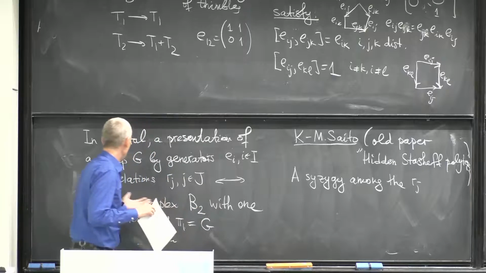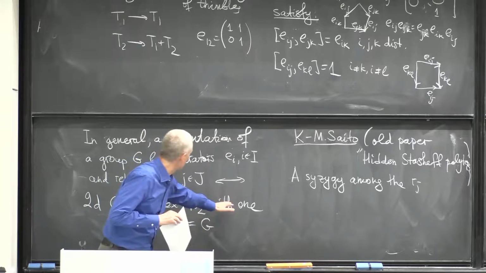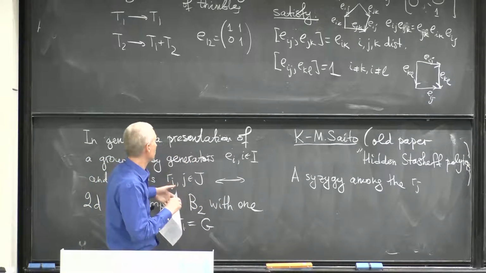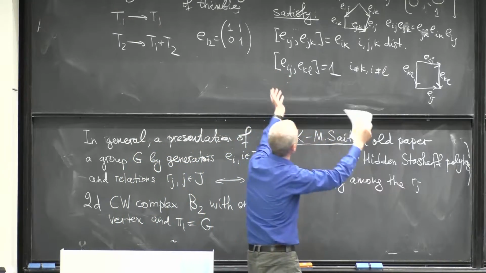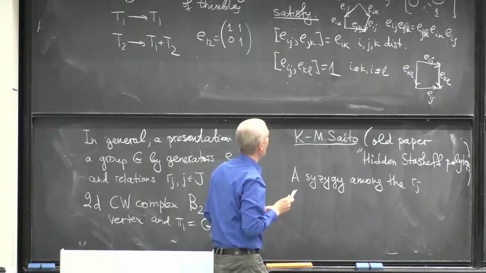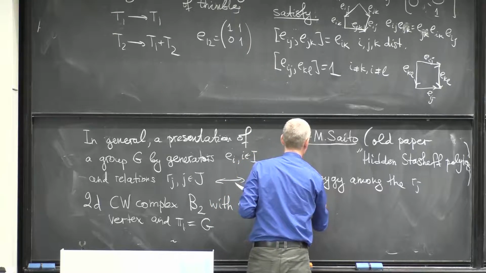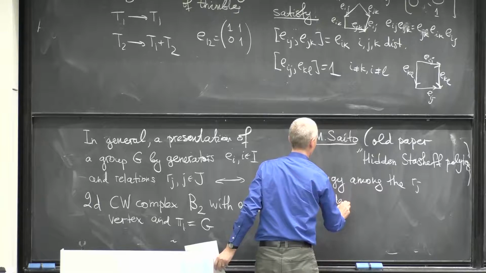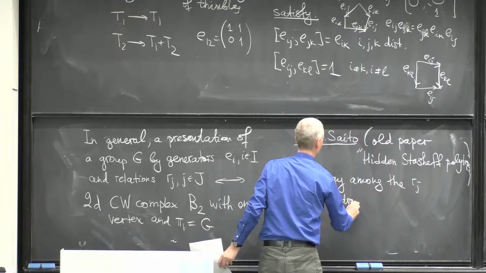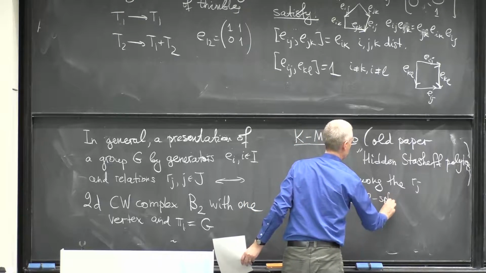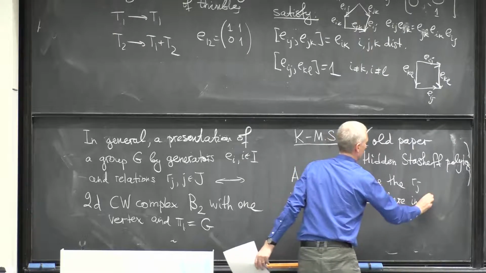It would be an element of the second homotopy group of this complex. It would be a polyhedral sphere whose boundary is composed out of such polygons. A polyhedral sphere in B2.